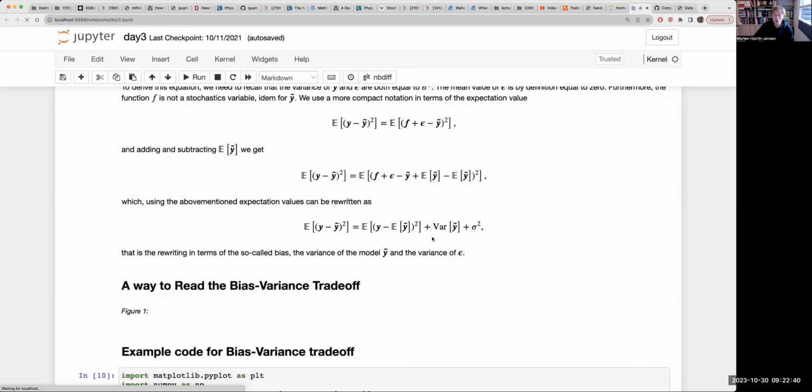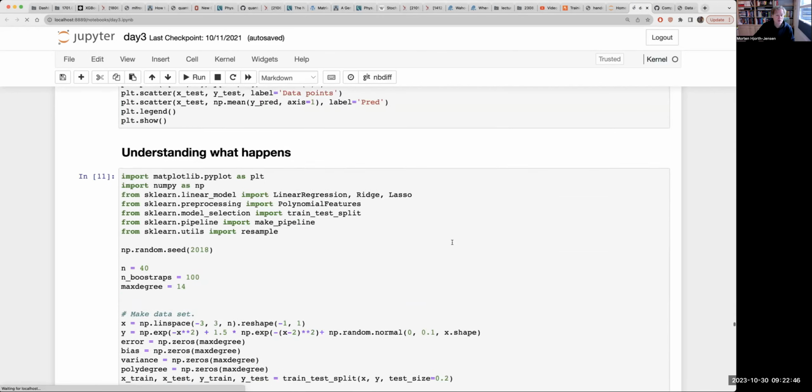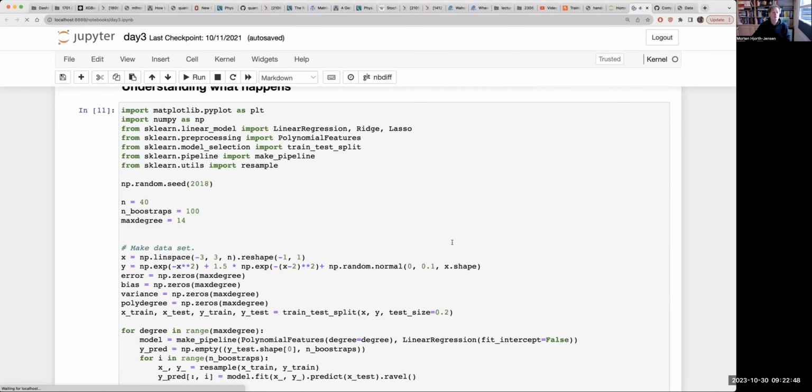So these were the equations which we derived before the break. And there is a code here. If we just scroll down, there is a code which we're going to take a closer look at. This code uses bootstrap. In this case, what I've done is to set up 40 data points, and I do 100 resamplings, which sounds a little bit strange, but let's just do it.